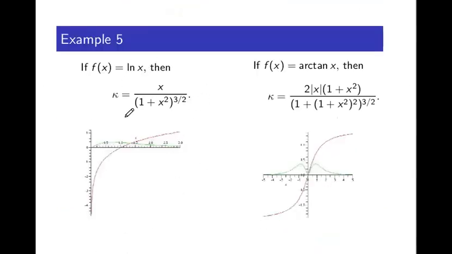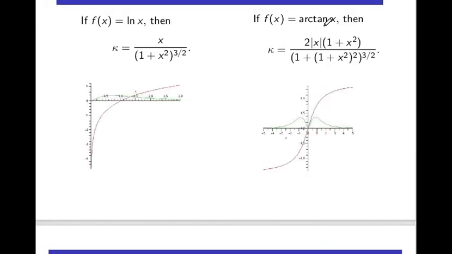For the ln curve, this is how the curvature changes. For the arctan, or tan inverse, function, this is the curvature formula. When you plot this on the graph, this is how it changes.